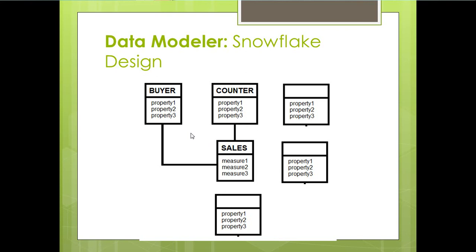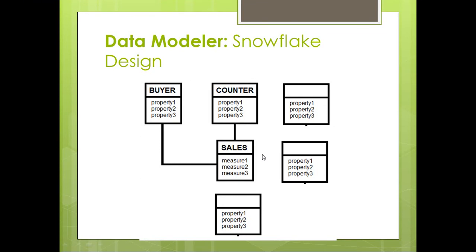We could, based on the business process data marts that exist, derive useful information out of it. So maybe we want to know how often a particular buyer goes to the store and buys from a particular counter over time.